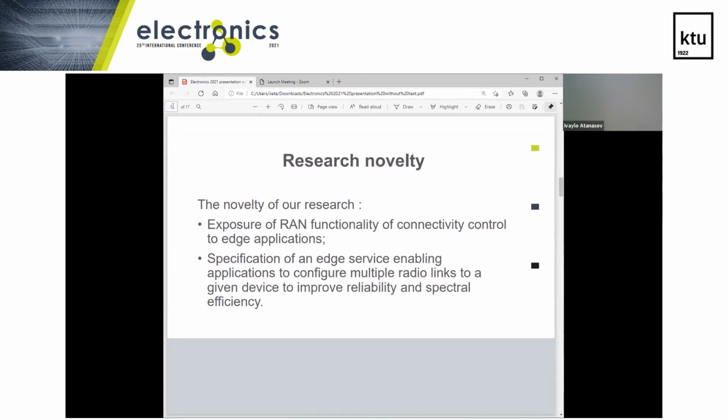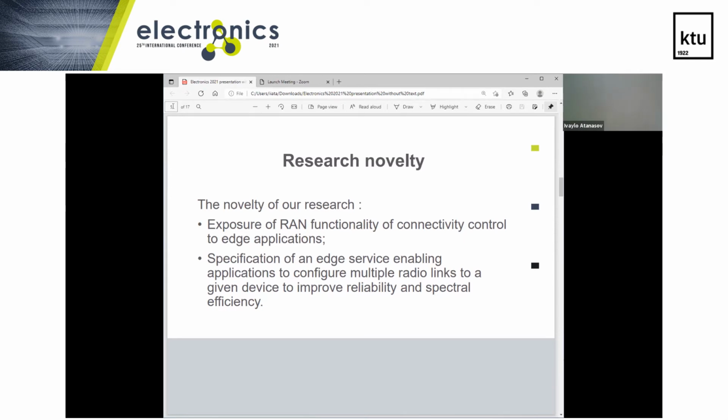Our humble contribution is the exposure of the radio access network functionality of connectivity control to mobile edge applications. So the proposed application programming interfaces enable edge applications to configure multiple radio links to a given device in order to improve, for example, reliability and spectral efficiency.